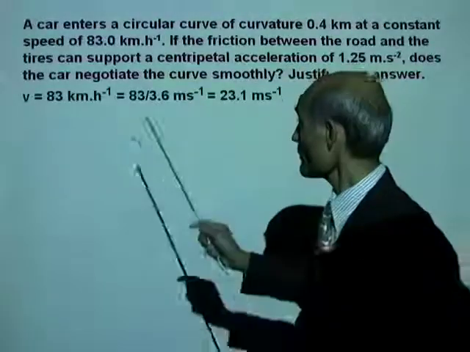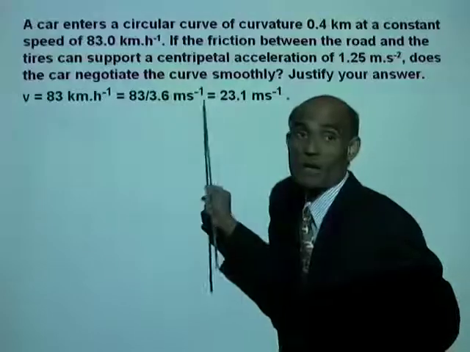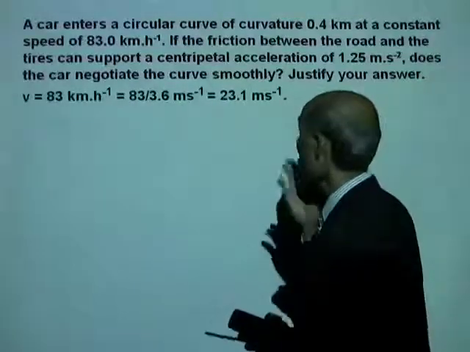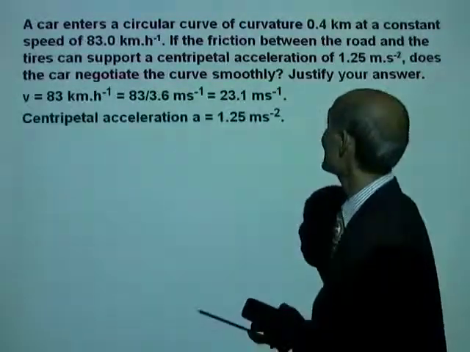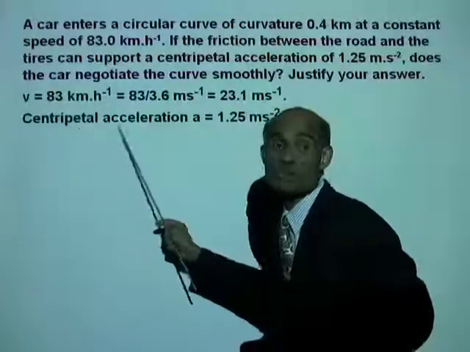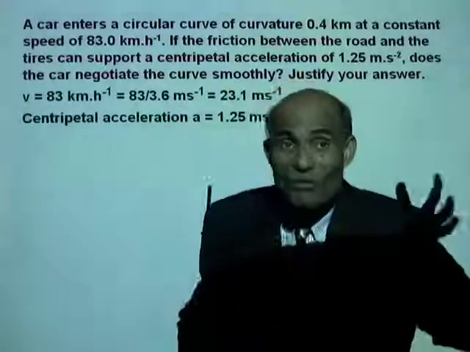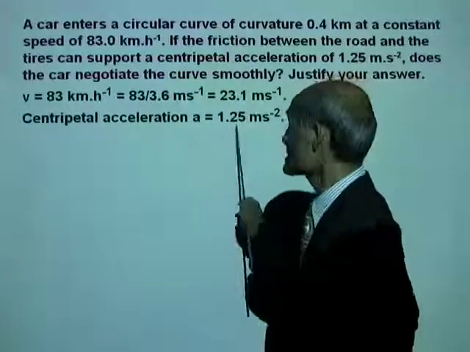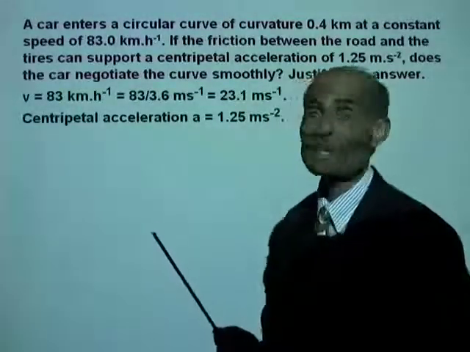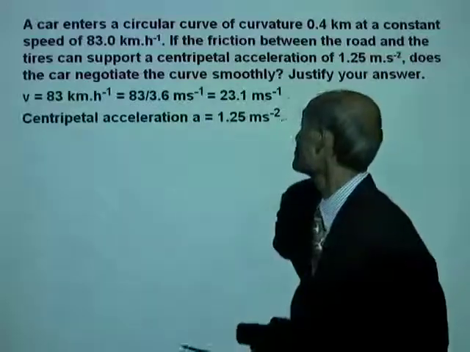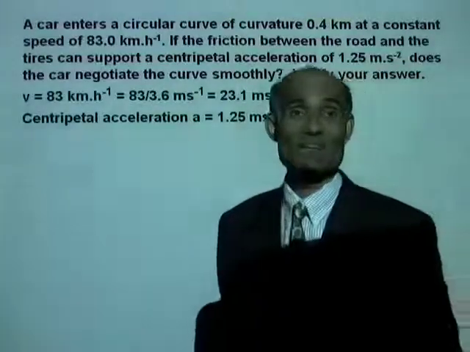Alright, well, this is the speed of the car, that is 23.1 meter per second, and the centripetal acceleration that will be allowed by the force of friction. This is the safest centripetal acceleration, that is 1.25 meter per second squared.